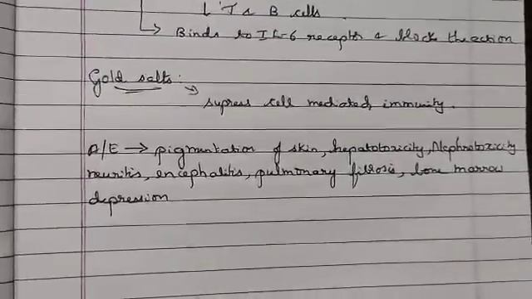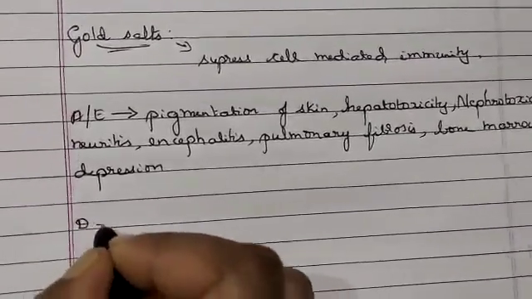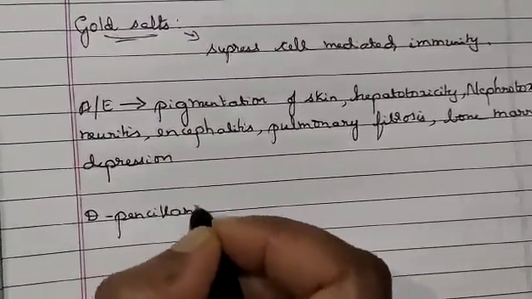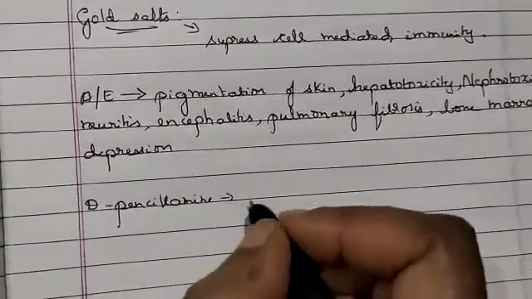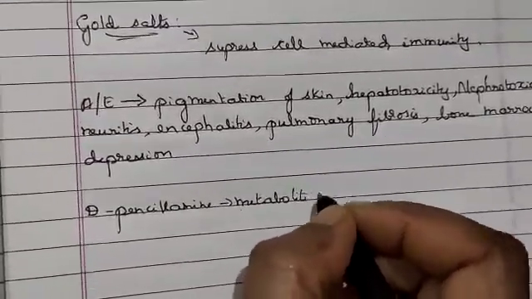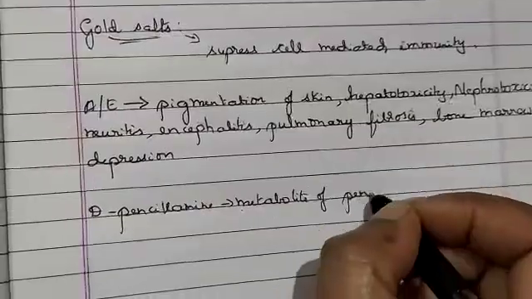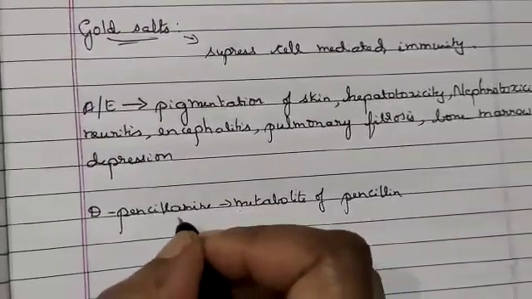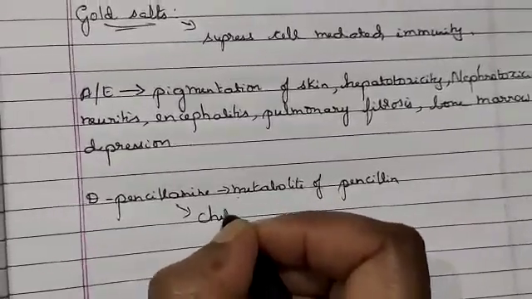The next drug is Penicillamine. These are other drugs that are not much used, so just a brief mention. Penicillamine is a metabolite of penicillin, and it also acts as a chelating agent.